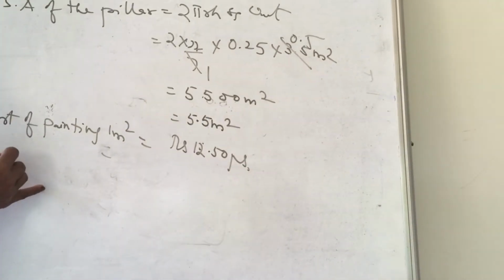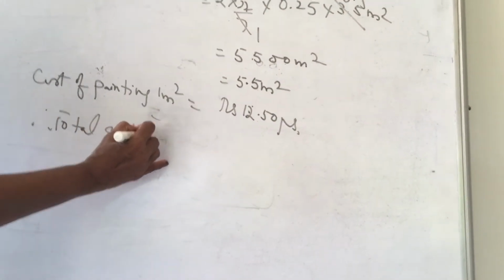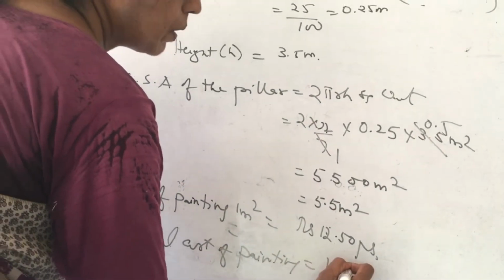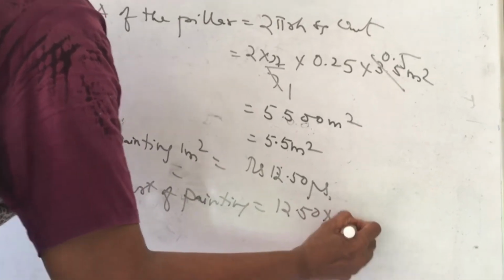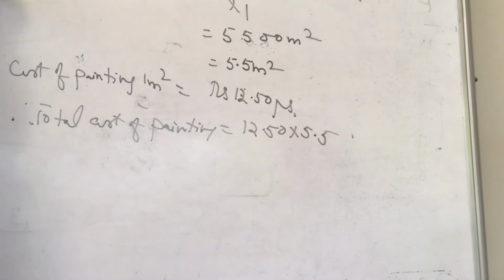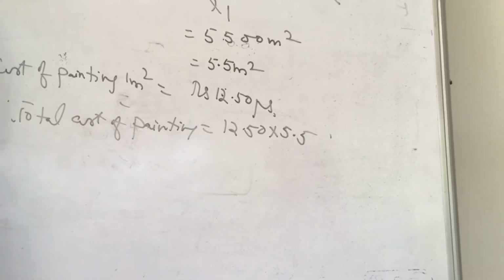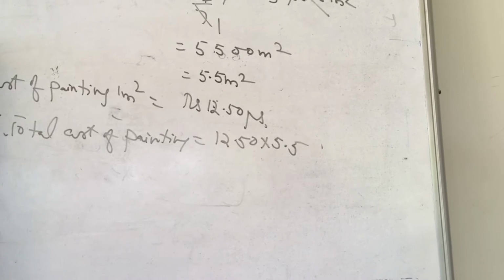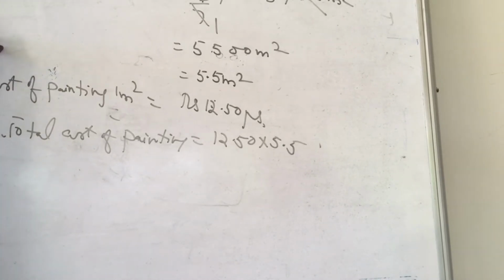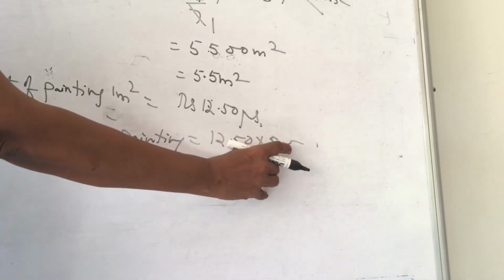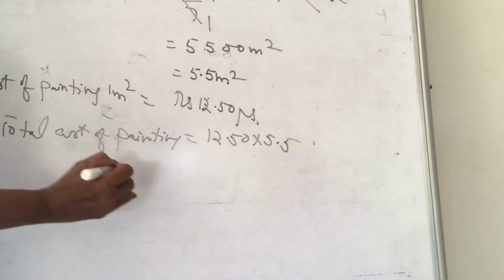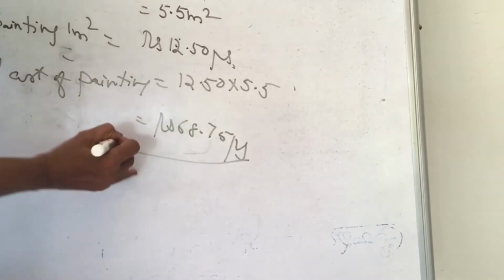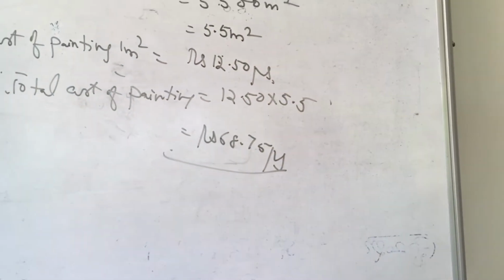Therefore, total cost of painting is equal to, how do you get the total cost, children? 12 rupees 50 paise into 5.5. 5 5s are 25, 625, 6 7 5 0. How many digits? 1 2 3. Put the point, children. The total cost of painting the pillar is 68 rupees 75 paise.